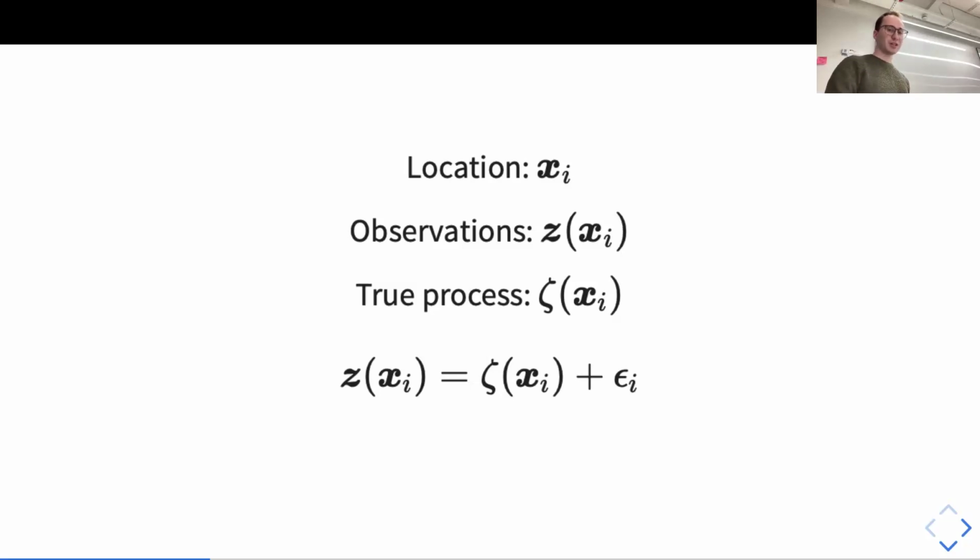Observations, I'm going to denote by Z, and I'm going to make it explicitly clear that these have space and time by denoting it Z of X. We've also got the true process, and that is basically just the atmosphere. We'll split that up in a second, how we're going to model that. But we're basically saying our observations are equal to the true state of the atmosphere plus some observation noise. That's quite straightforward.